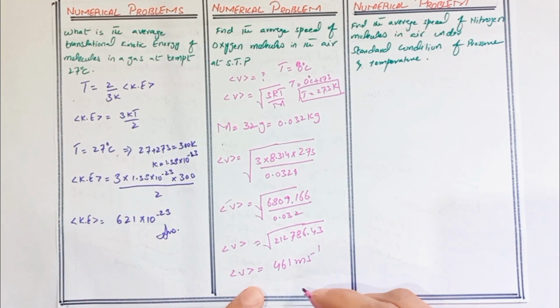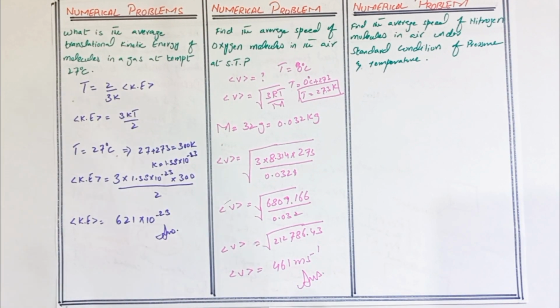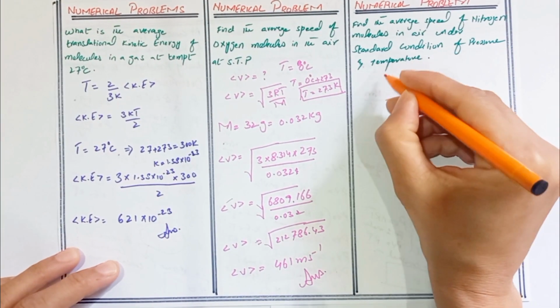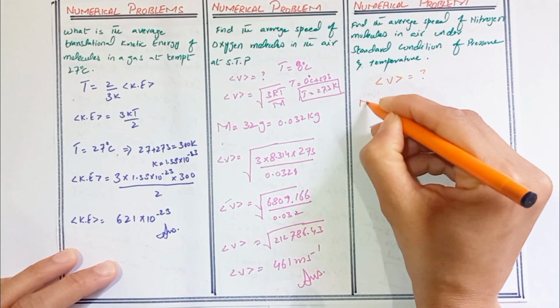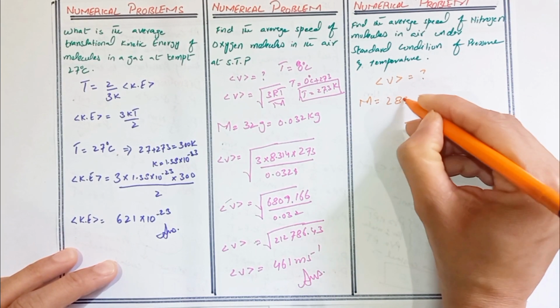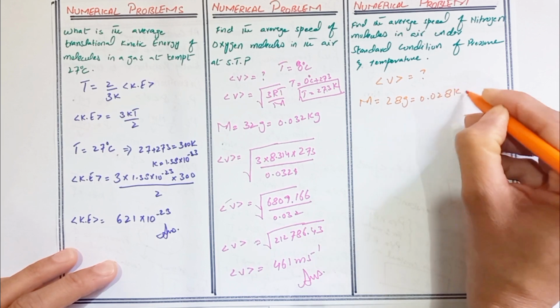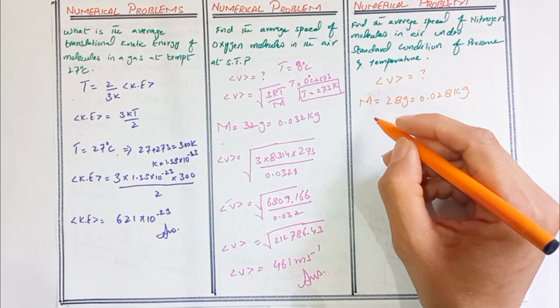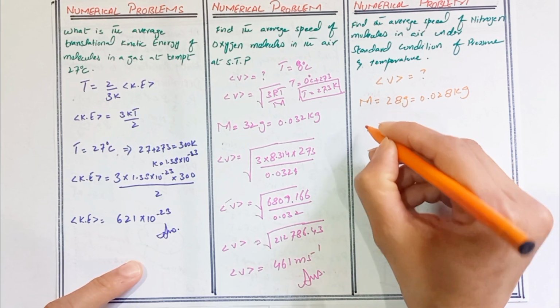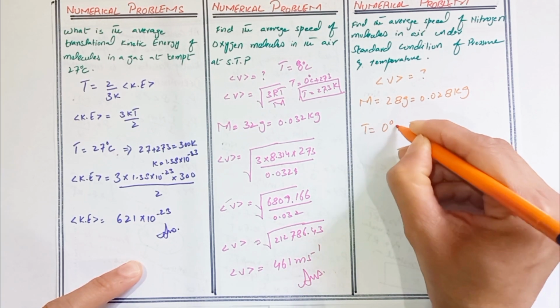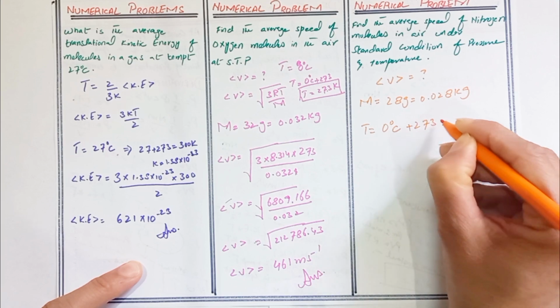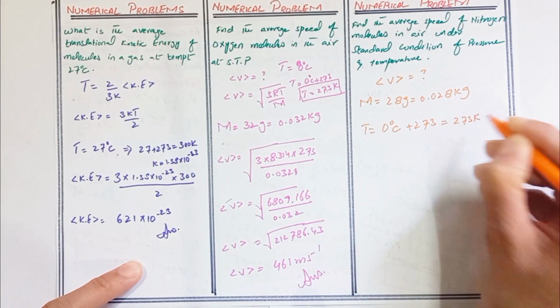That is the answer. Now we find the average speed of the nitrogen molecule. The mass of the nitrogen molecule is 28 gram. If we convert into kg, 0.028 kg, under standard temperature and pressure. So the temperature is 0 plus 273 is equal to 273 Kelvin.